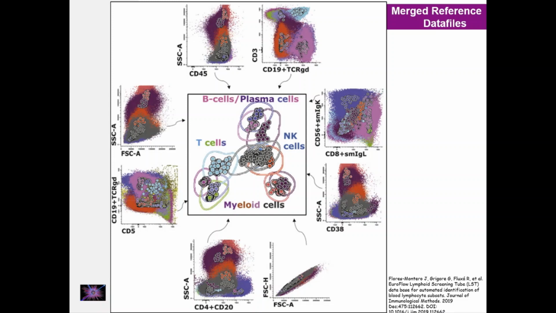Different cell populations are color-coded and represented both as colored events and as larger colored circles for all parameters displayed in the peripheral classical or conventional dot plots.